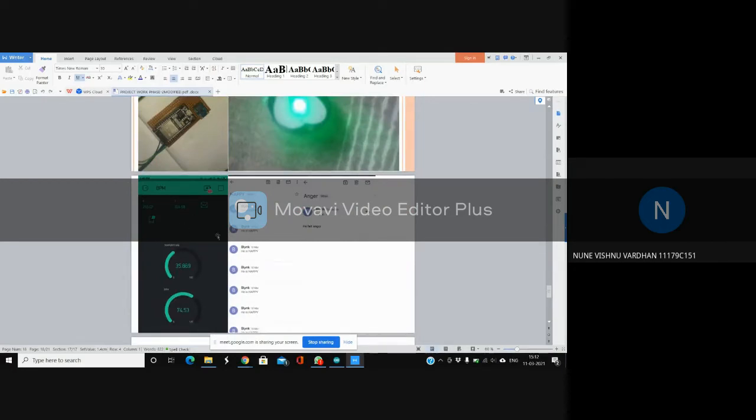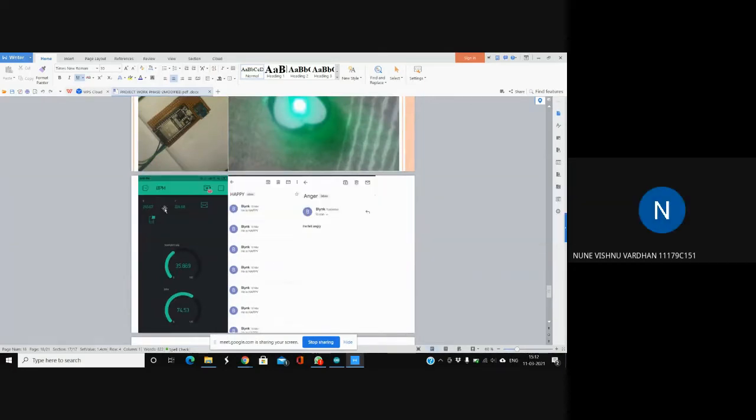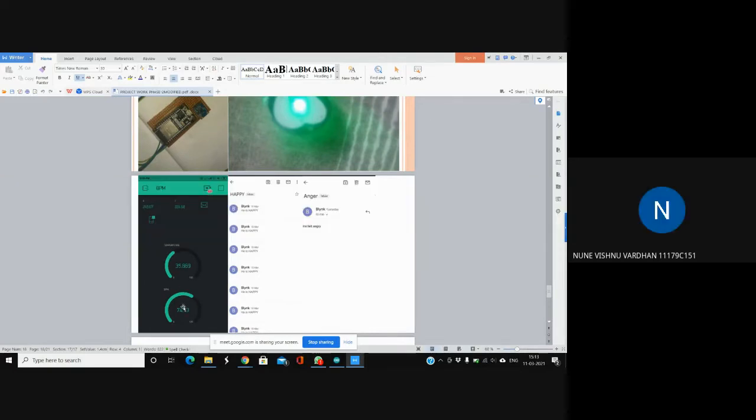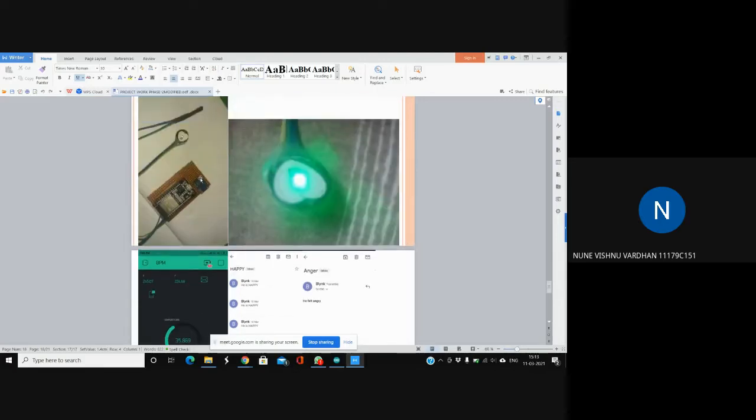And this is the software, sir. It is the Blynk app, the main interface between the hardware and software. It is used for placing widgets for the user interface, and here we can see X, Y, and Z, a message widget, and a notification widget. Here we can see temperature and BPM, beats per minute, and it shows the values coming from the hardware.